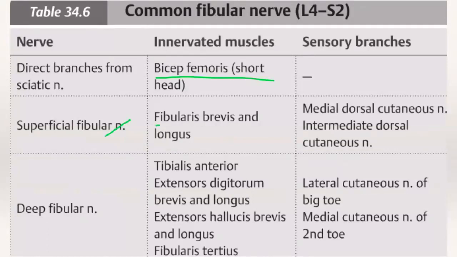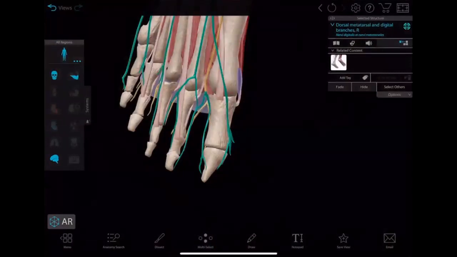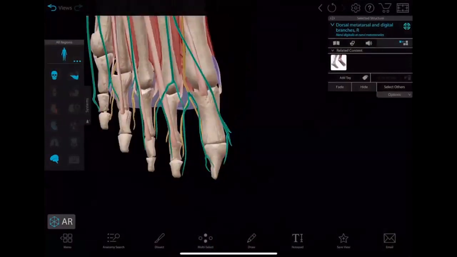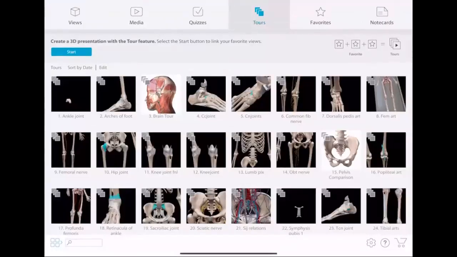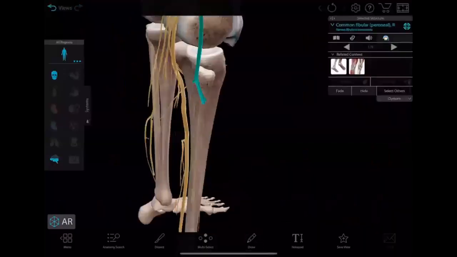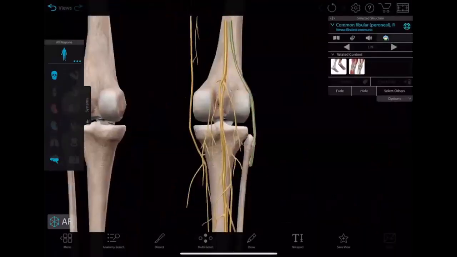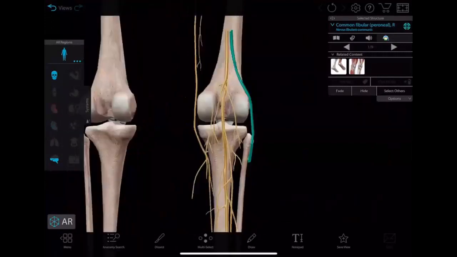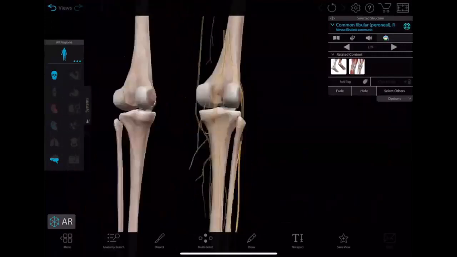Superficially is fibularis brevis and longus. Deep is tibialis anterior, extensor digitorum brevis and longus, extensor hallucis brevis and longus, fibularis tertius, right? So that is the thing. That is the isolated nerve. That means common fibular nerve, right?